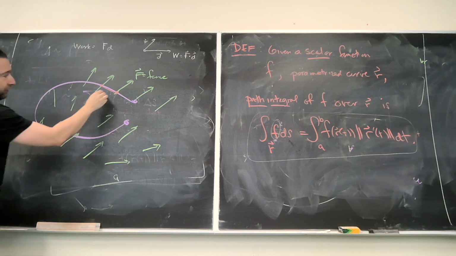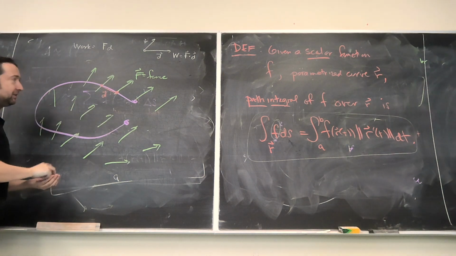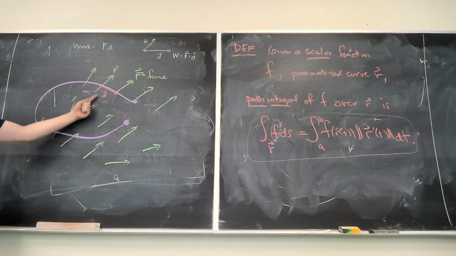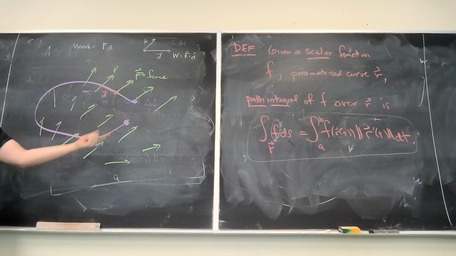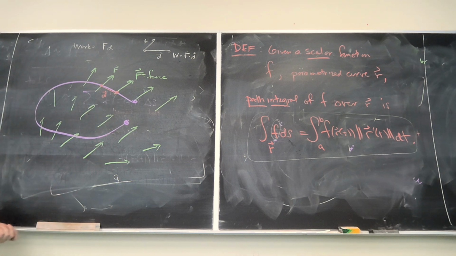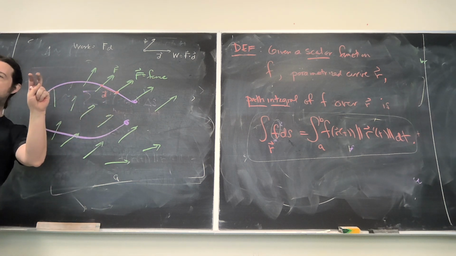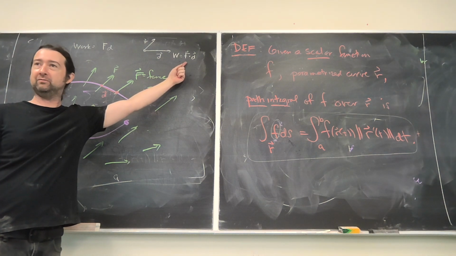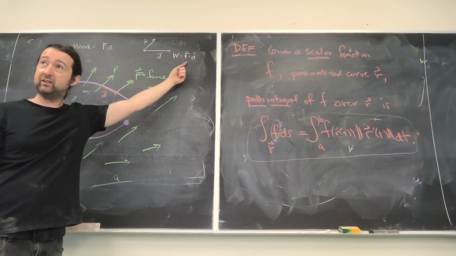And so the work done, if I call this the vector d, and this vector up here is the force vector at that particular position, then the work done moving along this little tiny chunk of the path is just F dot d. So if I had some sort of tool I could use to decompose my curved function into a bunch of straight pieces, I could just apply this idea over and over and over again. And that would let me calculate the work on the whole path instead of just on a straight line segment.